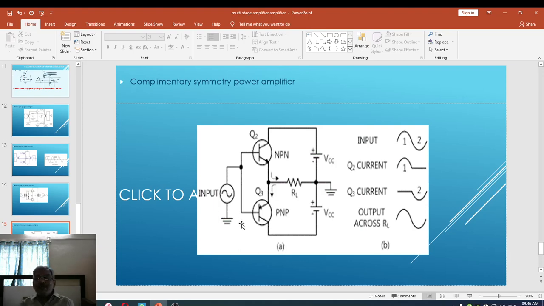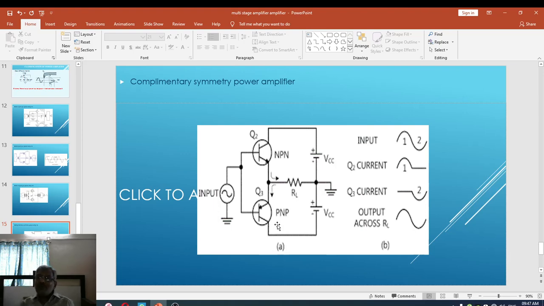So the PNP transistor starts conducting the current that passes through the load resistance, and the NPN transistor doesn't allow IC1 to pass through the load resistance. Hence, the PNP transistor acts as a pushing transistor, whereas now the NPN transistor acts as a pulling transistor. As NPN is off and PNP is on.